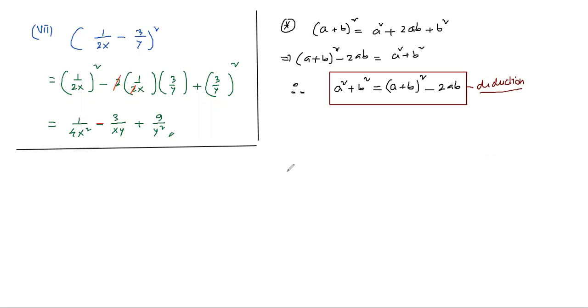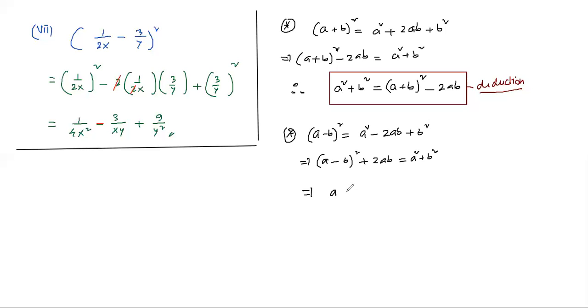Now, if we can do something for (a plus b) whole square, then a similar observation we can make for (a minus b) whole square as well. That will be a square minus twice ab plus b square. Here also I'll do the same thing. Every twice ab term I'll shift to the left side. Then I'll be getting a square plus b square here also.